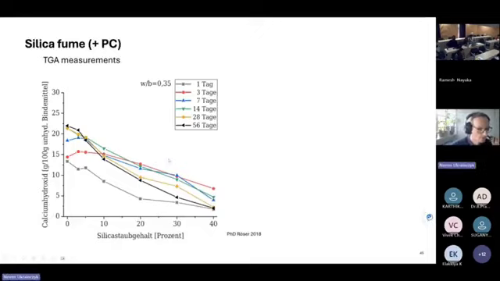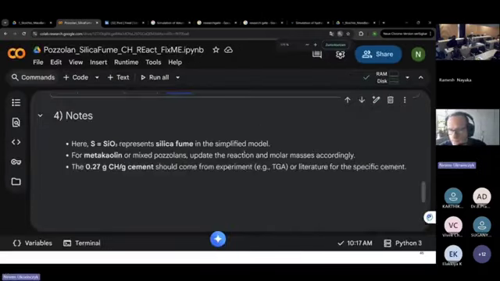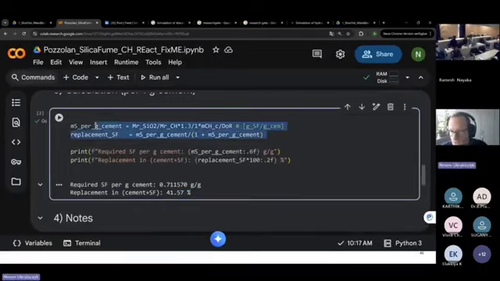Any questions? So now we solved the first task. So you need to write those two lines.